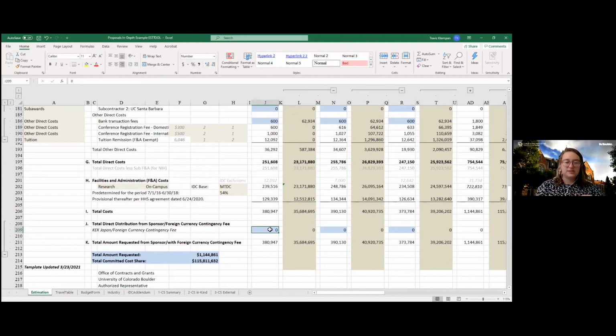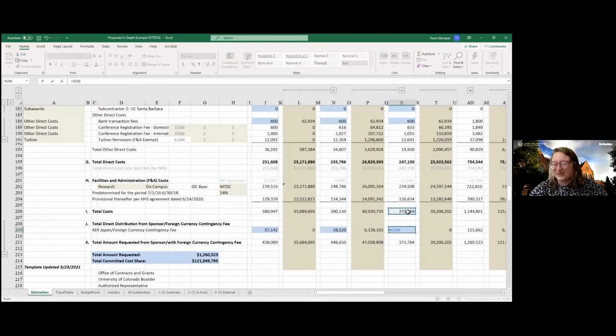So we're going to do equals, and then total cost, line 206 times 0.15, or you can do times 15 with the percent symbol. Excel reads them the same. So we're just going to go ahead and hit enter. That gives us our contingency fee. That last line, section K, sums them together, and that gives us our total project costs, including that reserve.